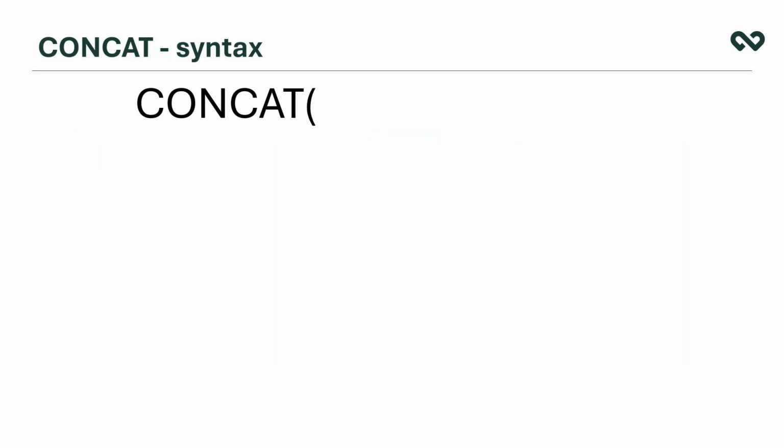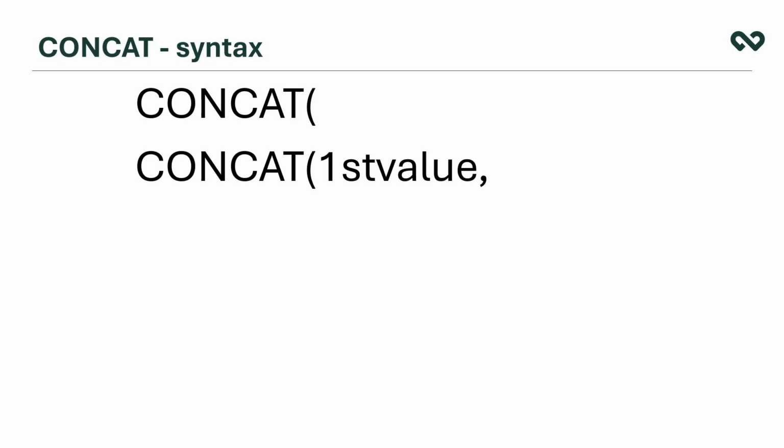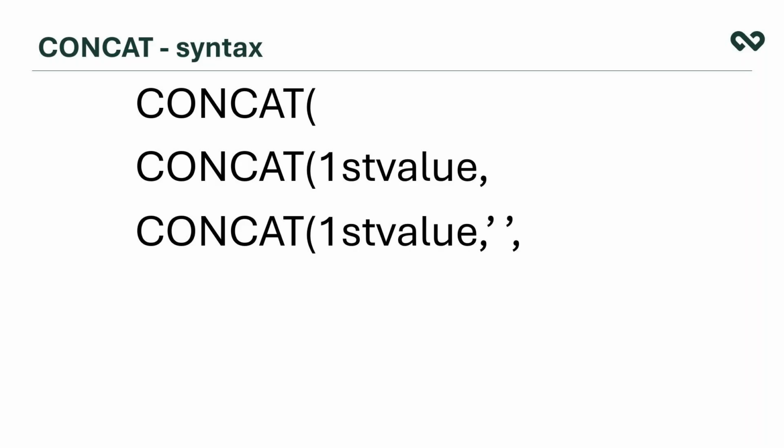The way that you would first put your concatenation formula together is you would write concat and open your brackets. Next, you would need to put in the first value that you want in your string and then add a comma. After the comma, you would need to add what is known as a separator within quotation marks. For the example on the screen, I've simply put a space, but you can always use something like a comma or a dash or a hyphen.